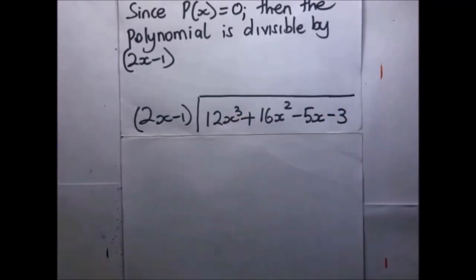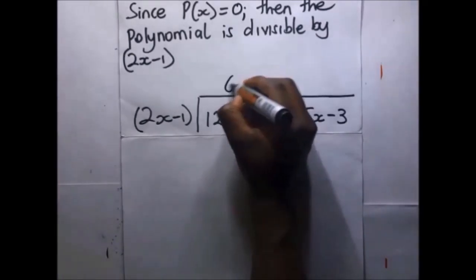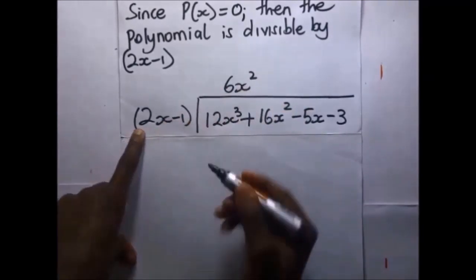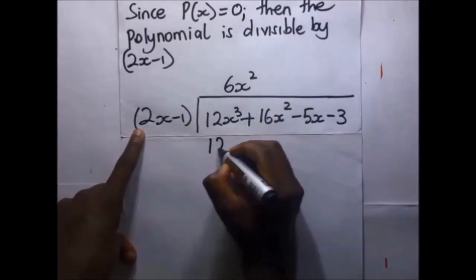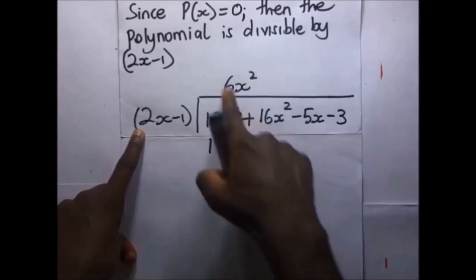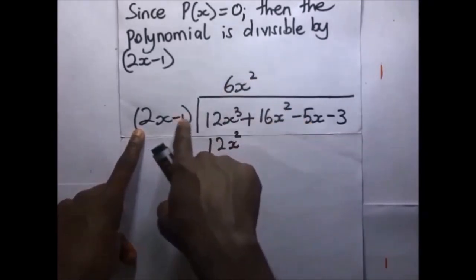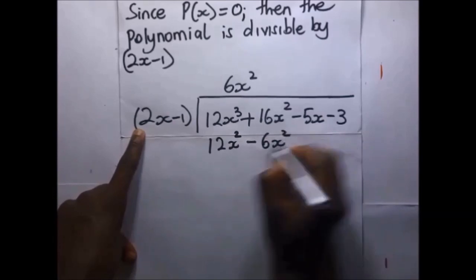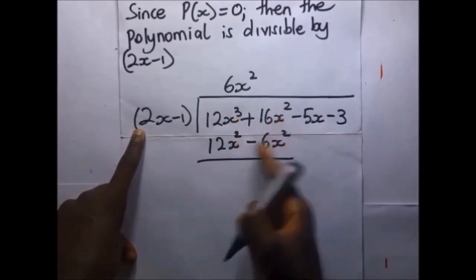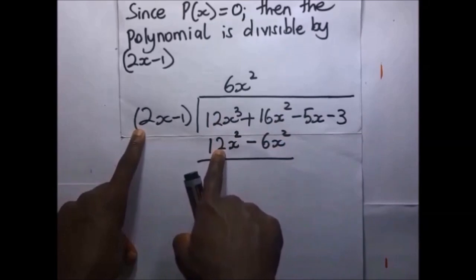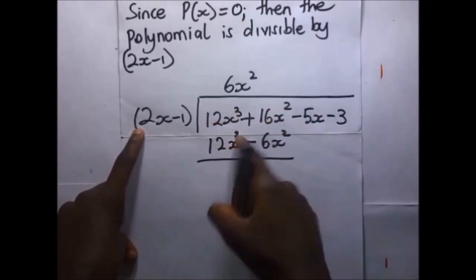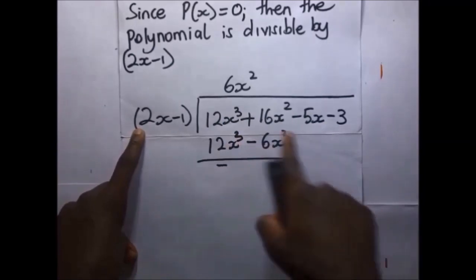So 12x cubed divided by 2x, we shall get 6x squared. 6x squared times 2x is going to give us 12x cubed. Then 6x squared times negative 1 will get negative 6x squared. When we subtract these two, 12x cubed minus 12x cubed, we will get nothing, it's 0.